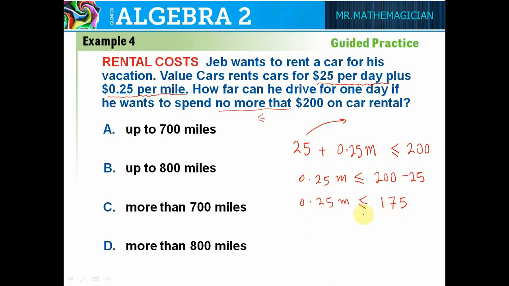And now let's divide both sides by 0.25, and m will be smaller than or equal to 700. So the accurate choice will be, yes, it's A, up to 700 miles. M smaller than or equal to 700, so it means up to 700 miles.